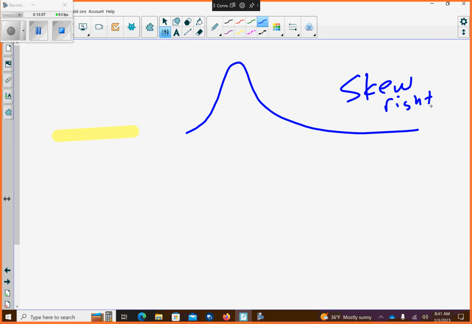Unfortunately, it happens. Okay, so what's basically happened here, if you remember back in the day, if it's skew right, that means that the mean is to the right of the median. If it's skew left, then my mean is to the left of the median. The median is the middle data.